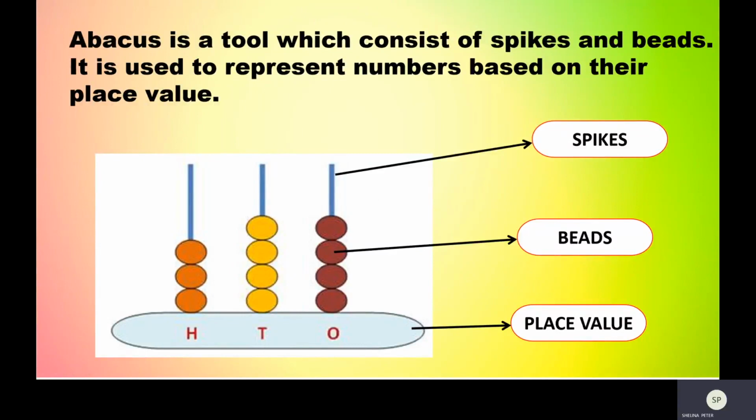Here you can see a picture of an abacus. We can see these long spikes, and also we can see beads, and also place value written at the bottom.